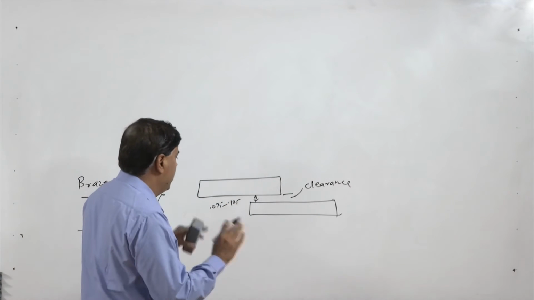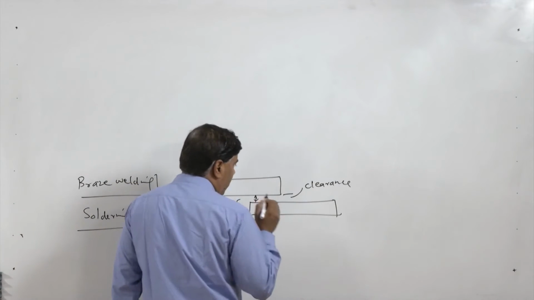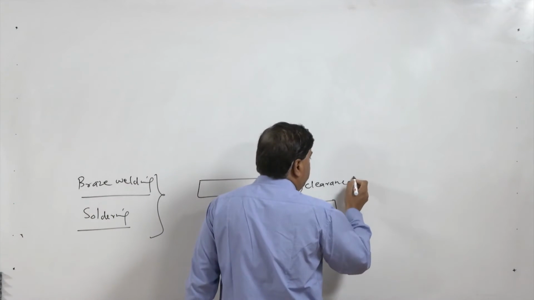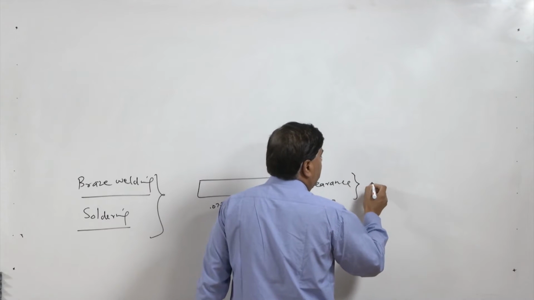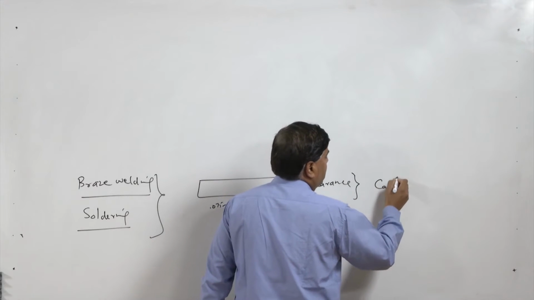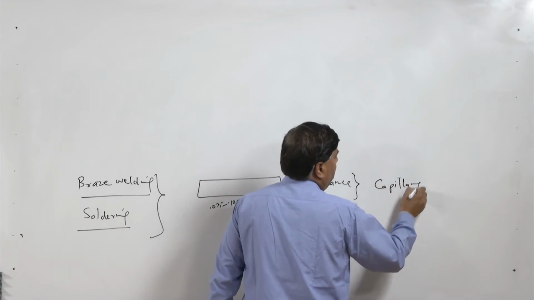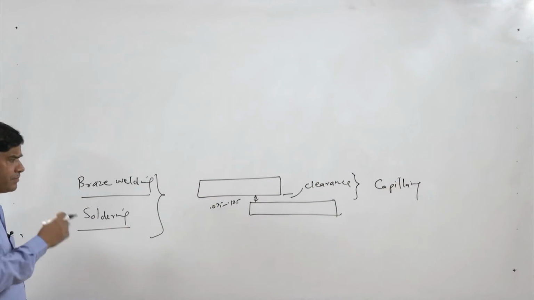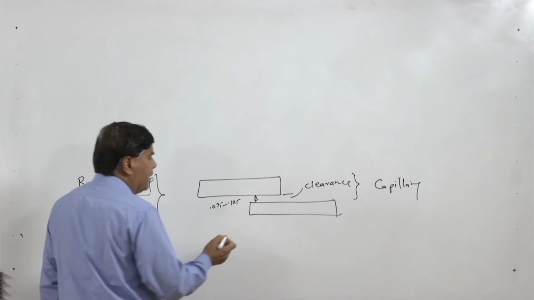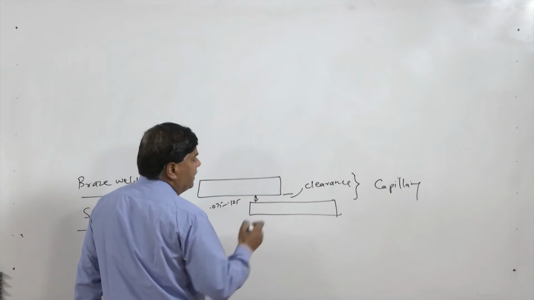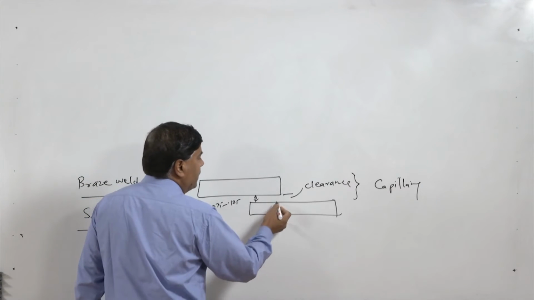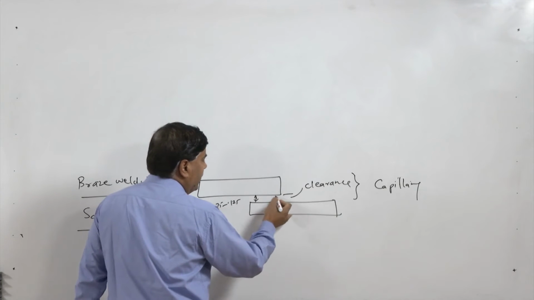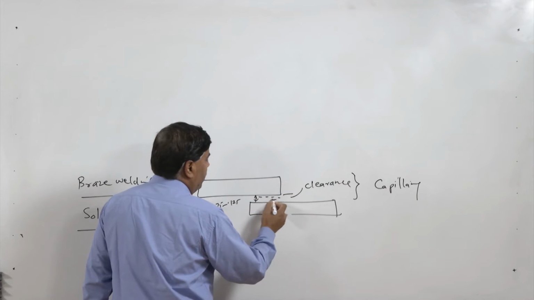This gap plays a big role in achieving the required capillary action by which the solder material is sucked in between the plates or sheets to be joined and gets distributed uniformly.